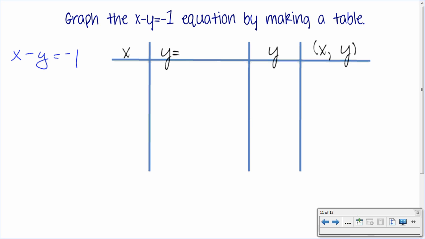Function form. Putting it in function form gives me a dependent variable and an independent variable. If it's independent, then I can put in whatever numbers I want for X. Doesn't matter. How do I get this in function form?